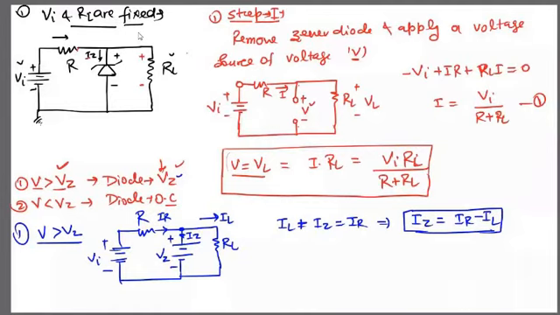In a simple manner, if we talk about this IL, then definitely IL equals the voltage across this resistance RL divided by this RL. Here we apply KCL. Are you familiar with this KCL? Is there a difficulty?